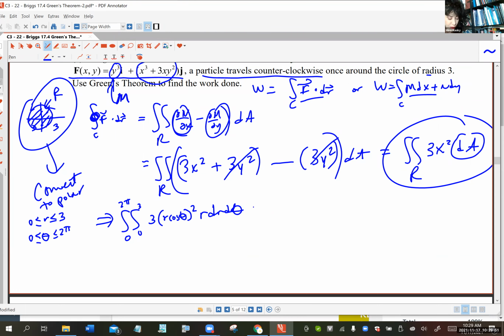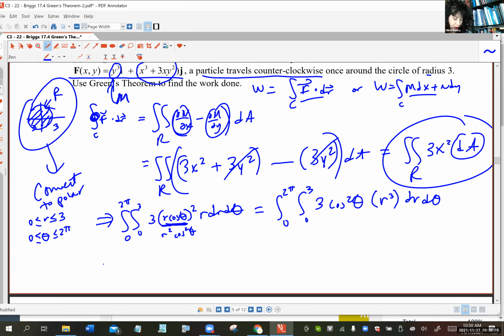Now clean this mess up before we integrate with respect to r. This r cos theta squared is going to give us r squared. And if we combine all the powers of r together, we're going to have r cubed. So I'll kind of put it over here. And then we're going to integrate with respect to r.